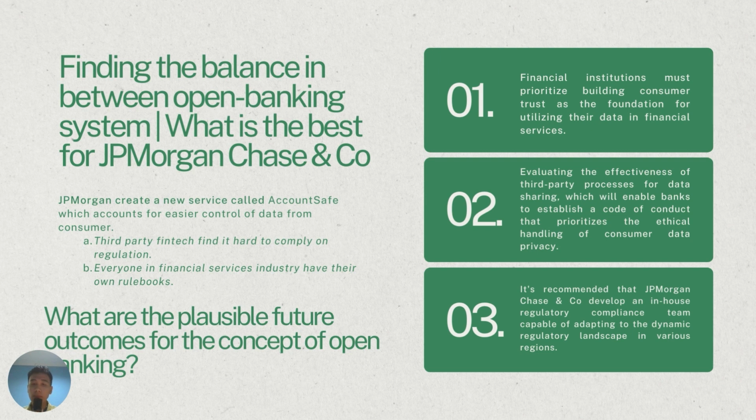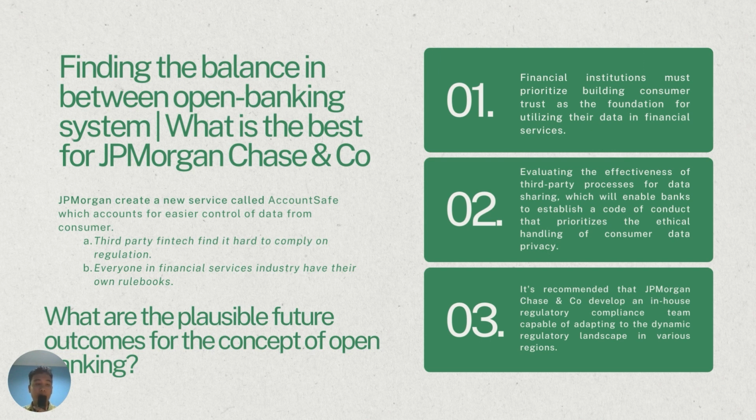And lastly, it is recommended that JP Morgan Chase and Co. also develop an in-house regulatory compliance program, because JP Morgan itself is operating in multiple countries and multiple regions, with an in-house regulatory compliance team, they can ensure that the banking ecosystem will work with the dynamic regulatory landscape in multiple regions.